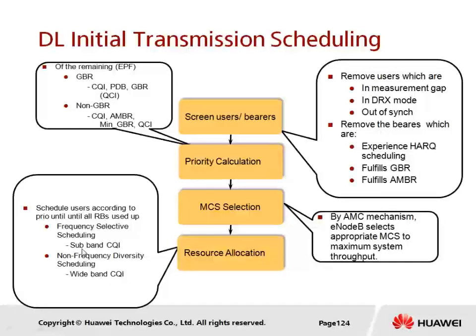That requires the user to report subband CQI. If we are using frequency diversity scheduling, then the resource blocks assigned for the user are continuous, and the wideband CQI will be required to be reported by the user.